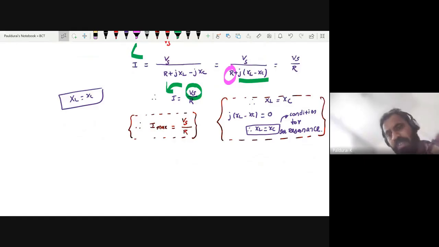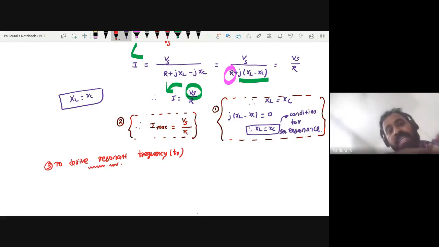So this is the first formula, XL equal to XC. And now at resonance, the current is given by I equal to V by R as per Ohm's law. The third one to derive is the resonance frequency, FR.